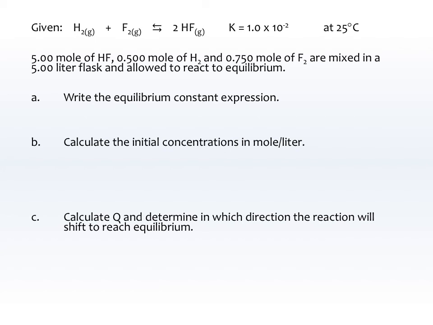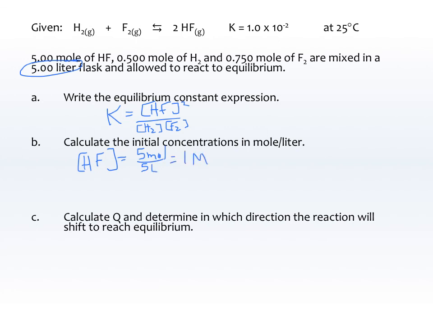Okay, well, hopefully you tried. First thing we're going to do with this reaction is write the equilibrium constant expression. So K is equal to HF squared over H2 times F2. Calculate the initial concentrations. Notice that this is in a 5-liter flask, so the concentration of HF is 5 moles divided by 5 liters, which is 1.